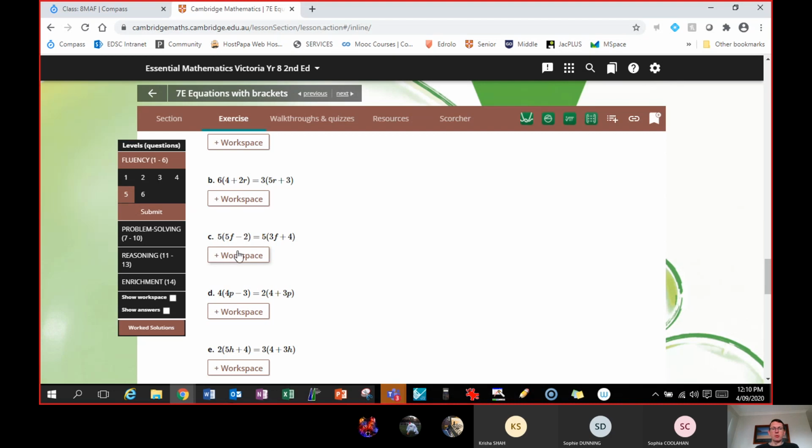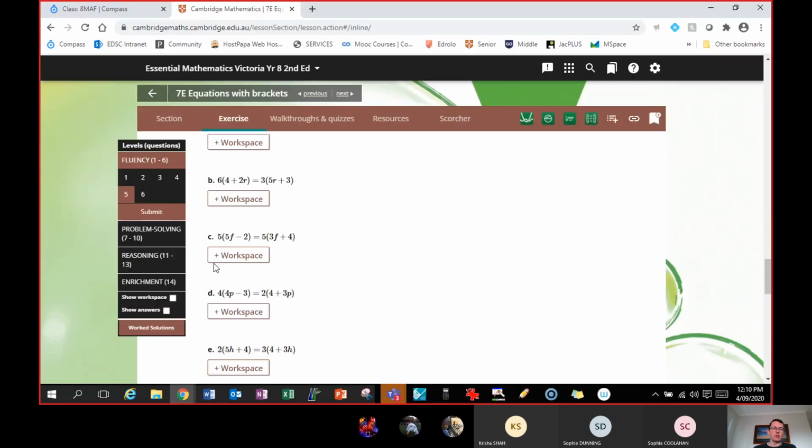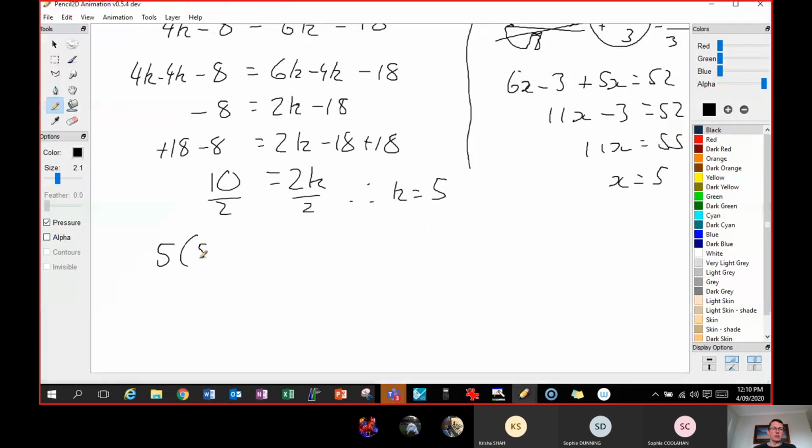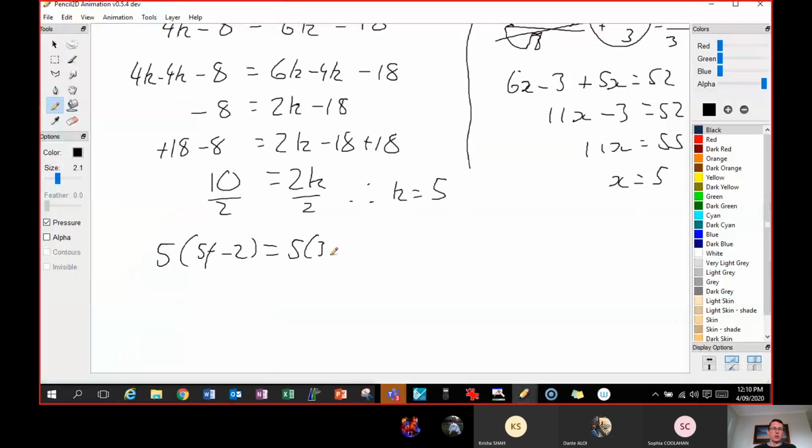For this one, for example, 5(5f minus 2), I'm just going to write this one down. So this one's a good example of where it would be a lot easier to divide. I mean, it doesn't matter too much, it's not too much more difficult. So I'll just show you this one.